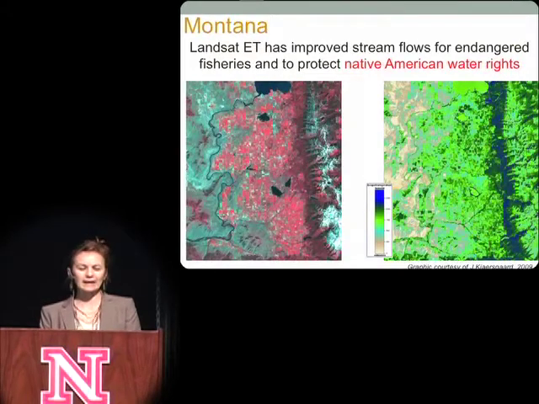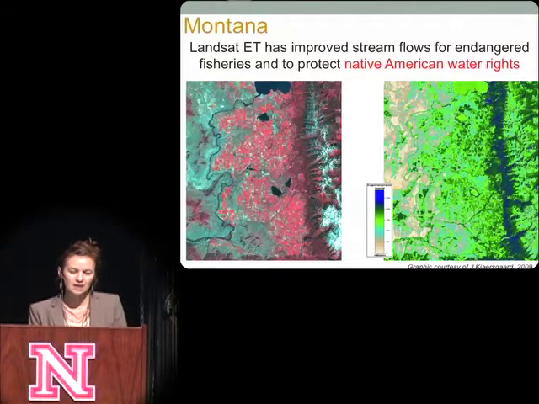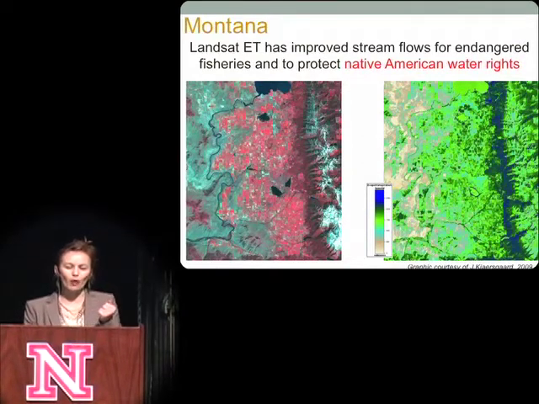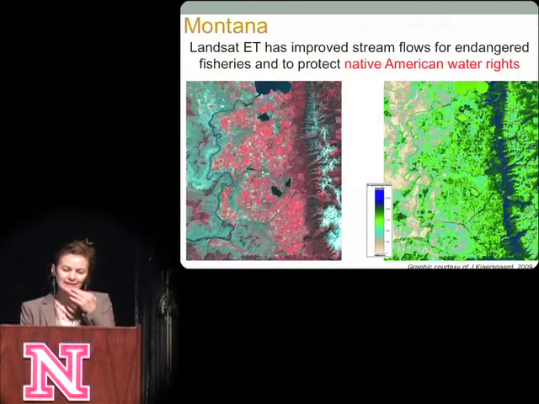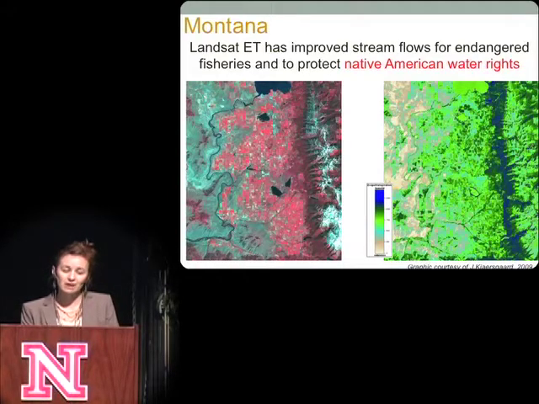All right, Montana. Here's another one, the Flathead, the Native Americans. Again, it's being used to settle the water rights for the Native Americans here, the Flathead. You really need to balance the amount of water that you use for irrigation, here, these are the farmland, and the amount that has to stay in the river for the fish habitat.